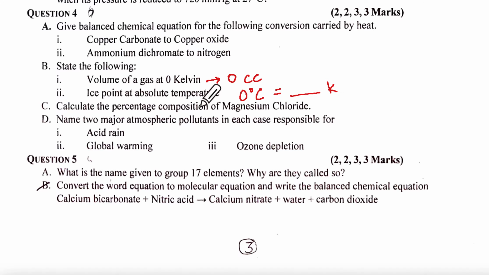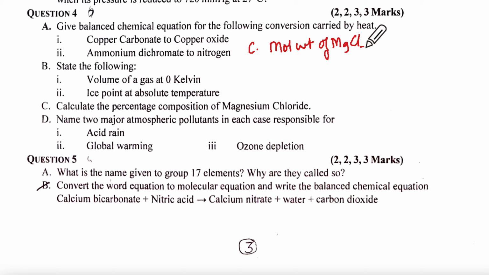Okay. Calculate percentage composition of MgCl2. For percentage composition, you will first need the molecular weight. So the molecular weight of MgCl2. Now they have not given you the masses, but Mg, remember, Na is 23 11, then comes Mg in the periodic table 24 12.